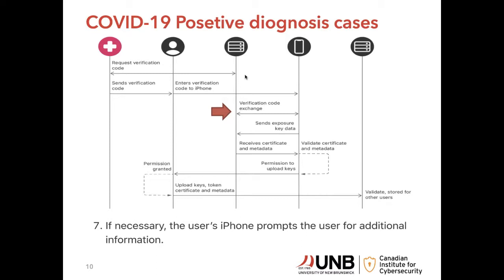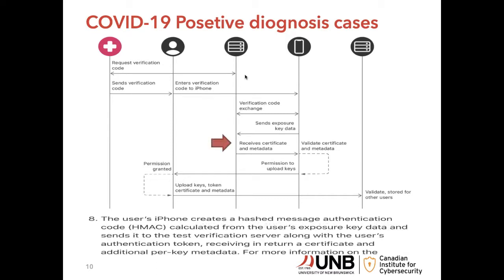If necessary, the user's iPhone prompts the user for additional information. Then the iPhone creates a hashed message authentication code, HMAC, calculated from the user's exposure key data and sends it to the test verification server along with the user authentication token, receiving in return a certificate and additional per-key metadata.